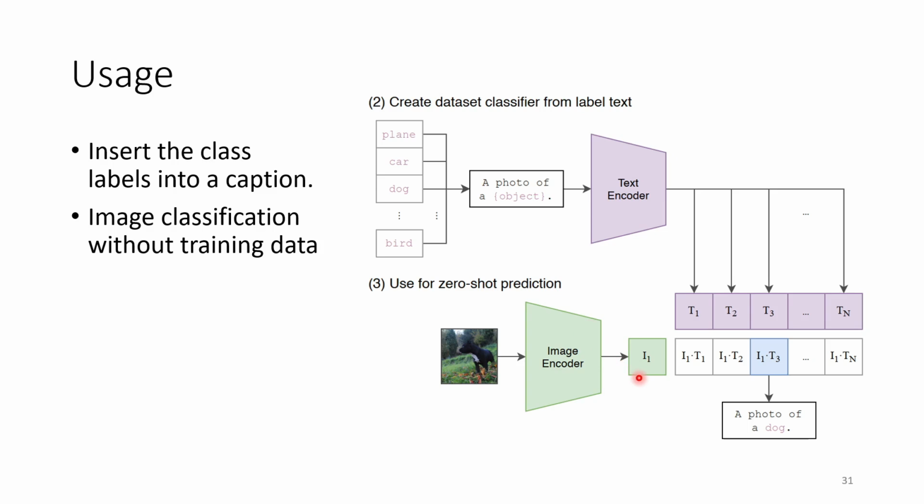Then they can use it to create the embedding feature. Just use the cosine similarity to compute the similarity between the image feature and the text feature and find the largest one. So they can use this method to decide which class the image belongs to.